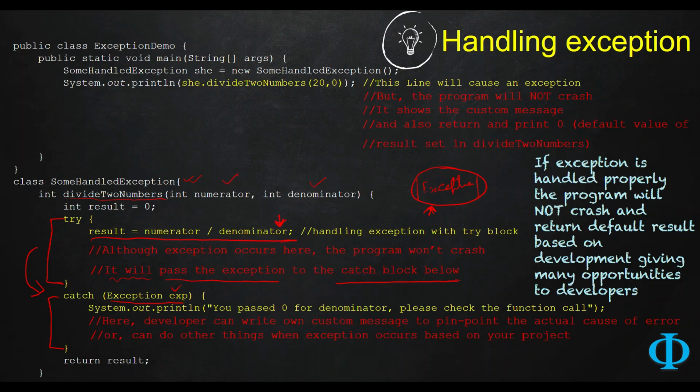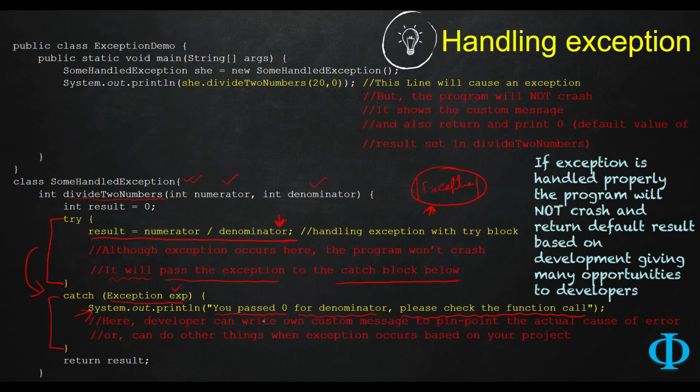Now in the simplest case, what I have done here is just print a nice customized message so that the user can easily understand where the error actually happened and what the error is. What I have written is: well, you have passed 0 for the denominator, please check the function call.